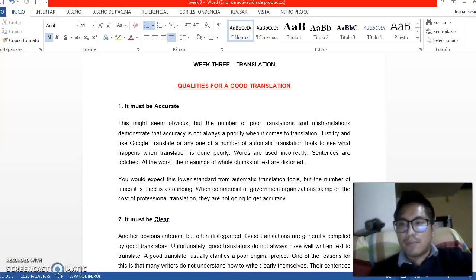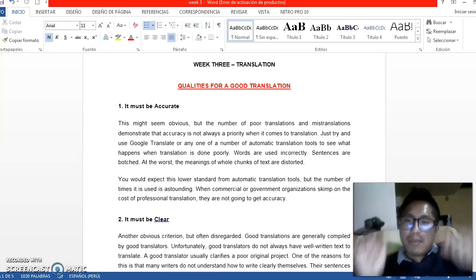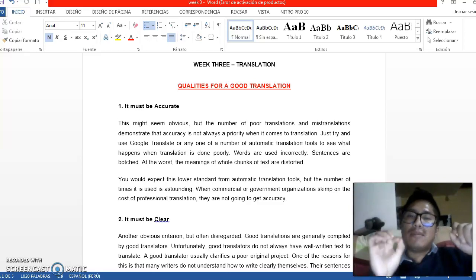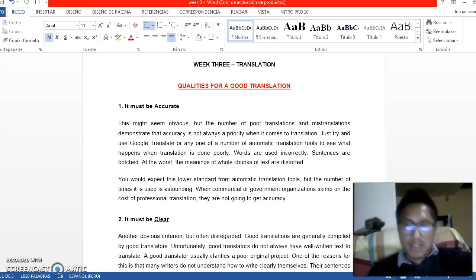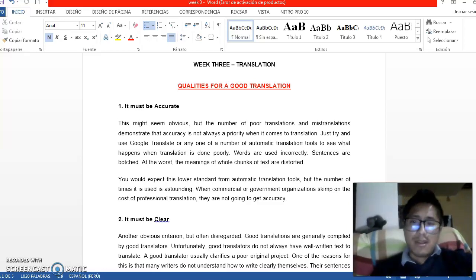Because most of the time, the text that you are going to translate, from English to Spanish, Spanish to English, it must be accurate, all right. Not exactly the same, but do not forget that they have to have the same message, the same idea, the same feeling. Okay, most of the time the accuracy is very important.